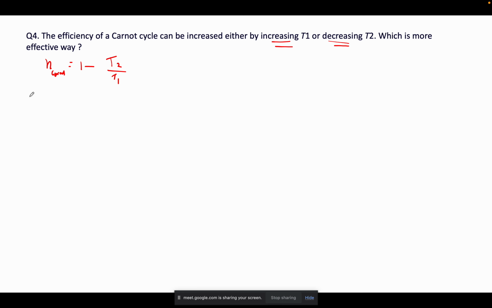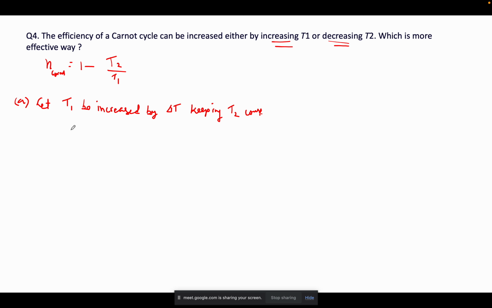Okay, so let us do some cases. Say your first case: let T1 be increased by delta T, keeping T2 constant.